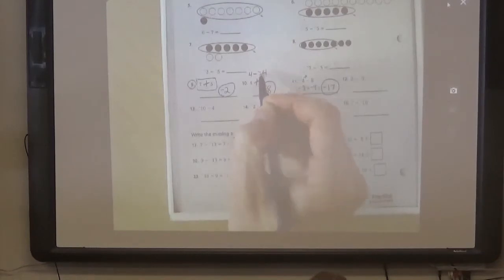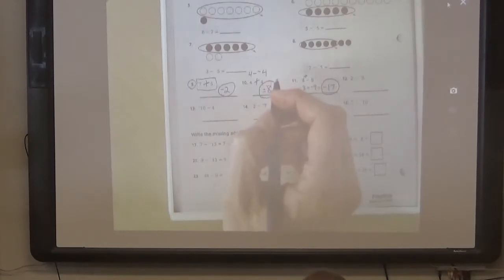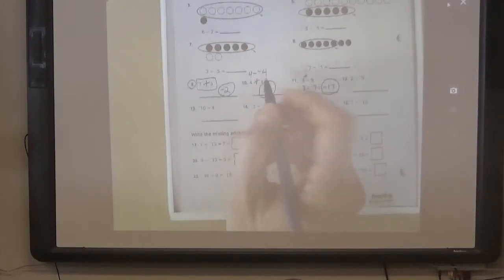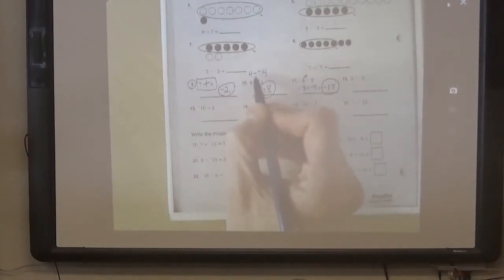Here's a different way to think of it. This might make sense to you. Minus is kind of like thinking the opposite of positive. So this could mean 4 minus the opposite of 4, or 4 minus negative 4, minus the opposite of negative 4, which is 4 plus 4.